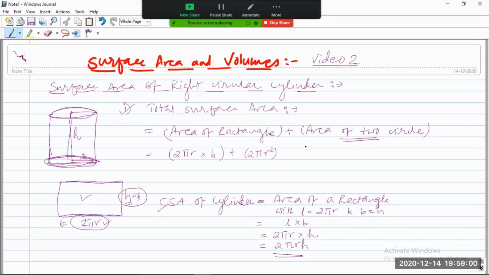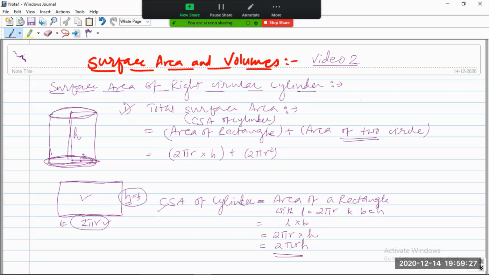We know the curved surface area, that is the CSA of this cylinder, or the area of this rectangular sheet we have after cutting this cylinder, and its sum with the areas of these two circles.